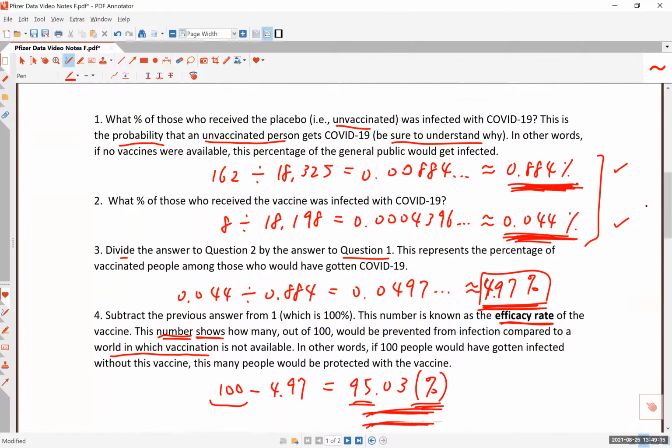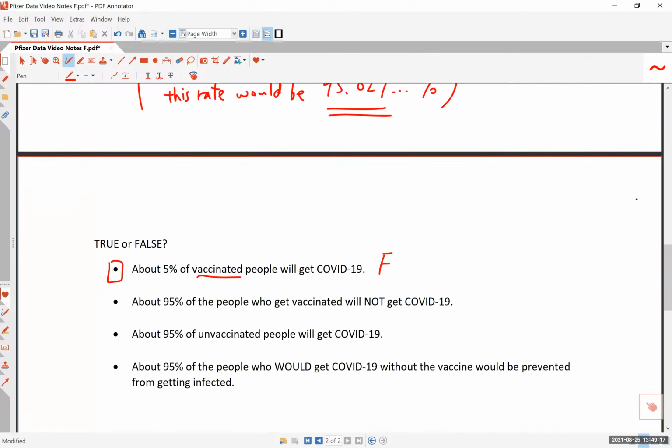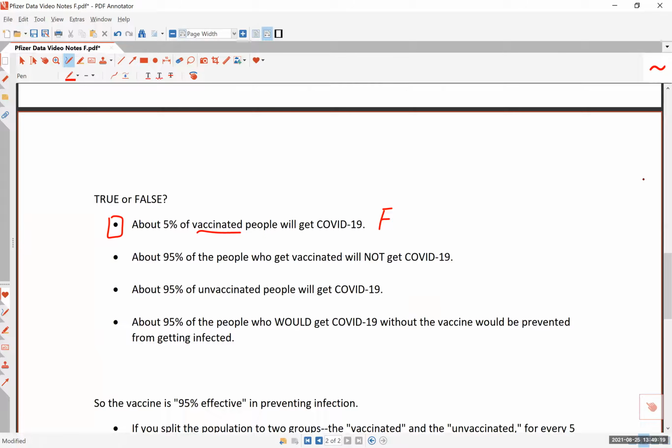Okay, so it's a very small percentage of the vaccinated people who will actually get COVID-19. And if you look at the second statement, about 95% of the people who get vaccinated will not get COVID-19. You notice that it's the same thing. I mean, these are logically equivalent, so this is also false.